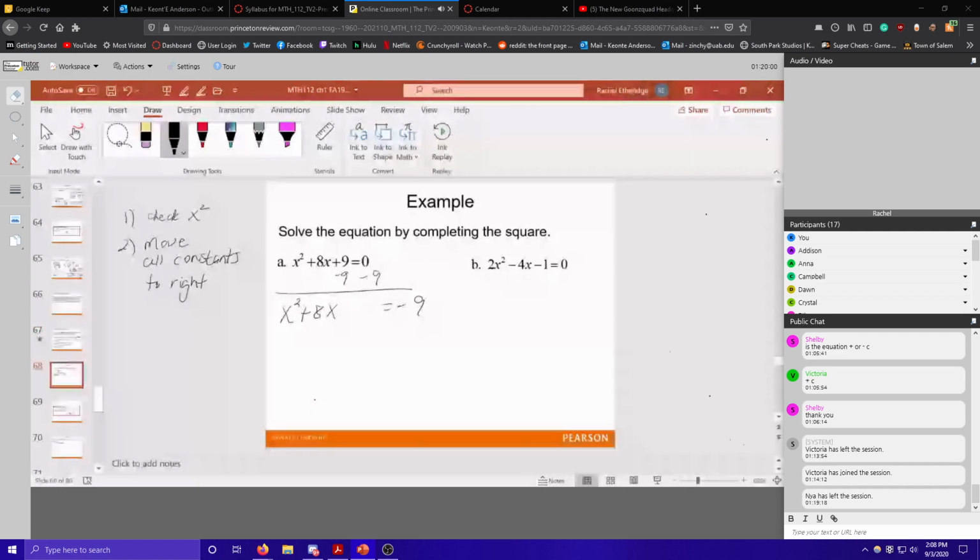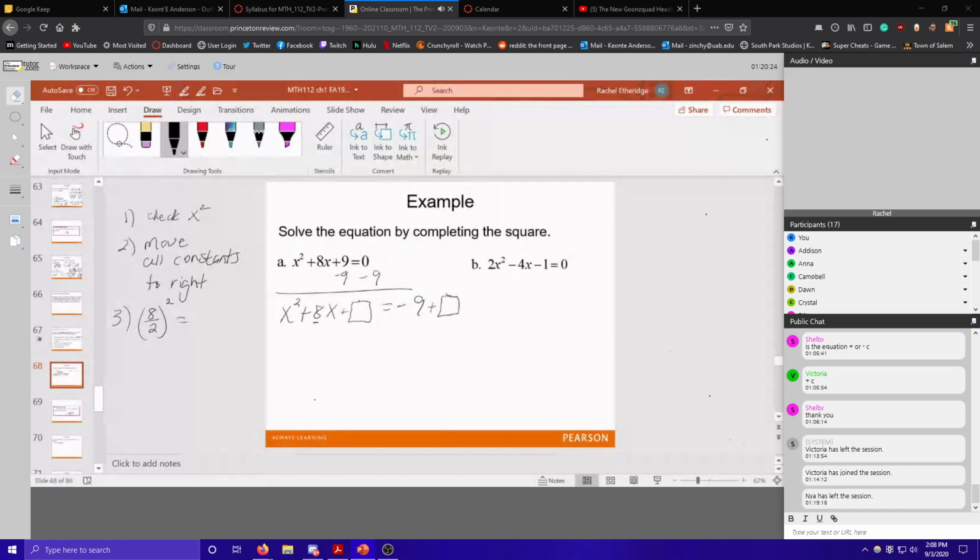All right, now usually I like to do this so I don't forget. I'm going to make a square right there. That's what I'm literally doing, completing the square. I think I did this on the circles too. Completing the square means I take this 8, divide it by 2, and square it.